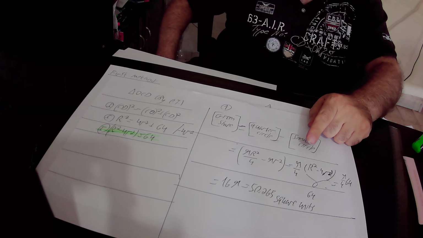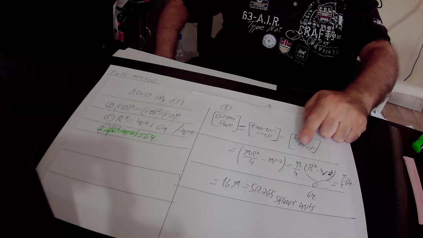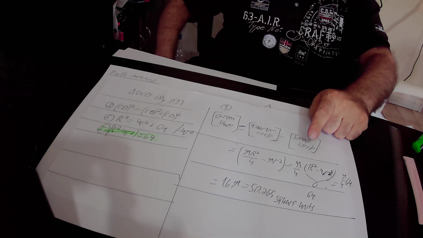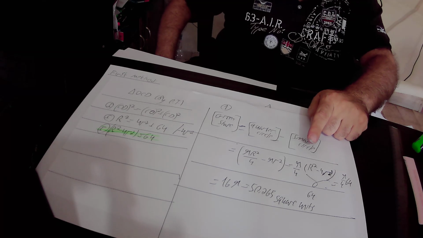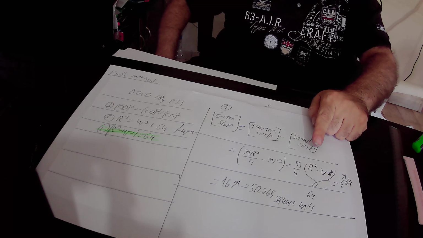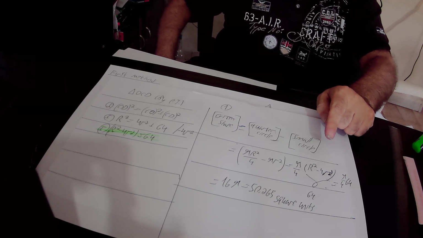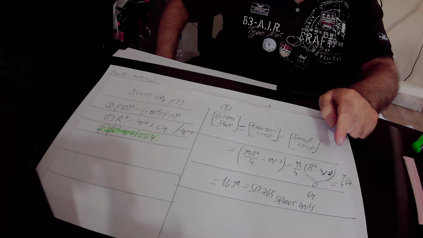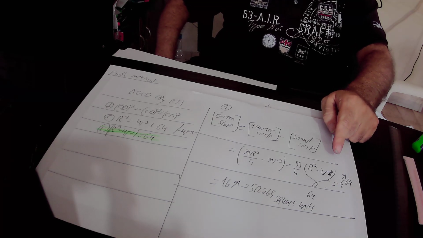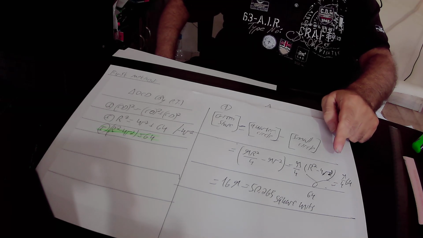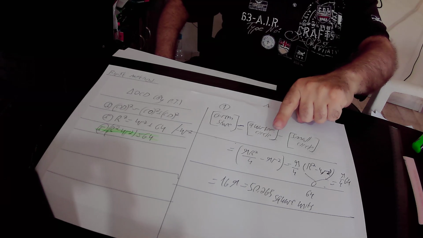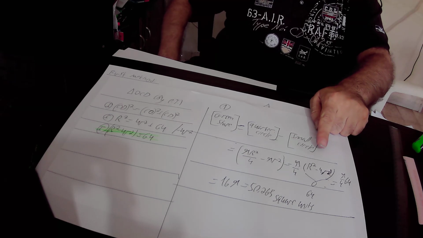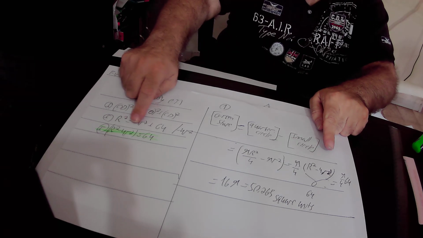Then we took pi over 4 as a common factor out of those two expressions. What is left from pi times capital R square over 4 is actually capital R square. And what is left from minus pi R square is actually minus 4R square, because minus 4R square times pi over 4 equals minus pi R square. Here we already found out that capital R square minus 4R square equals 64.